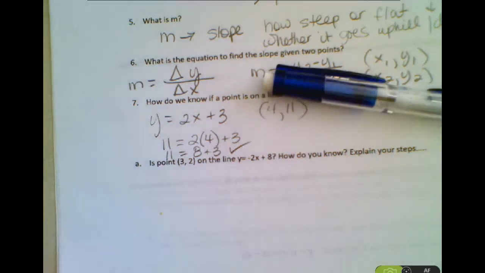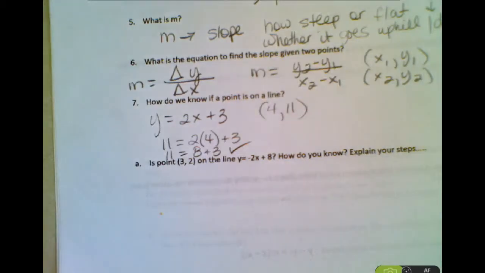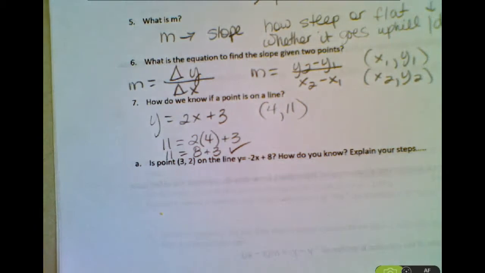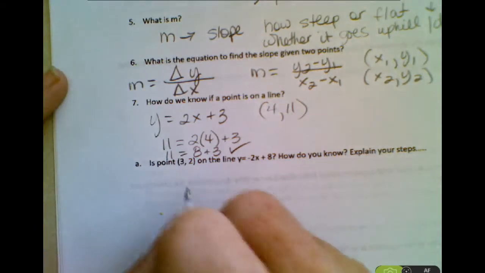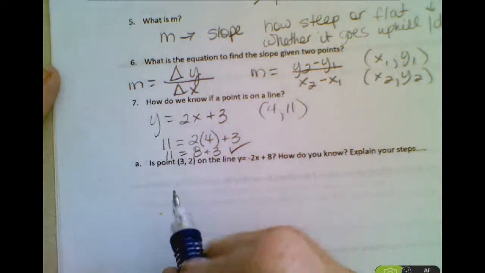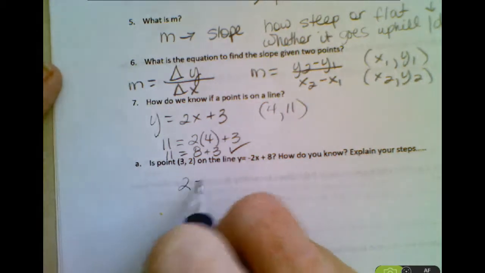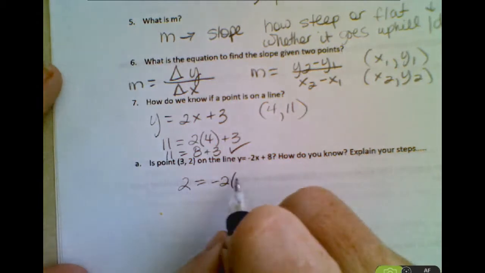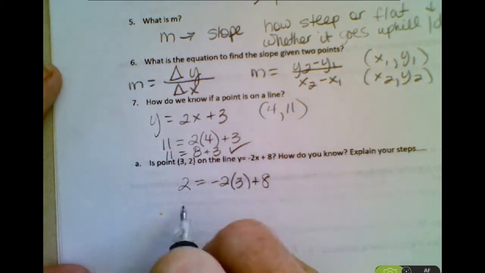Okay, Marquez, this is all yours. Is point (3, 2) on the line y equals negative 2x plus 8? How am I going to check that? What do I do with those points, the 3 and the 2? Plug them in, good. So what's our y value? 2 should equal negative 2 times 3 plus 8.